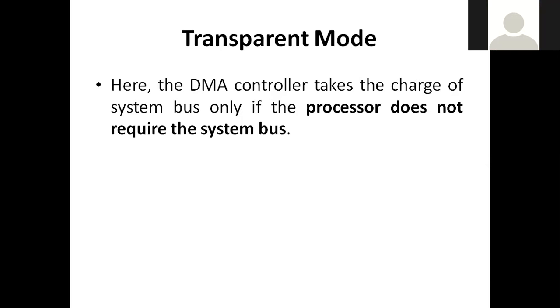And in the third mode, whenever the processor is free, it will take control over the buses. We are calling this transparent mode. Are you clear? What are the three typical modes we use in the DMA controller? Burst mode, cycle stealing, and transparent mode. You can expect this for 2 marks.